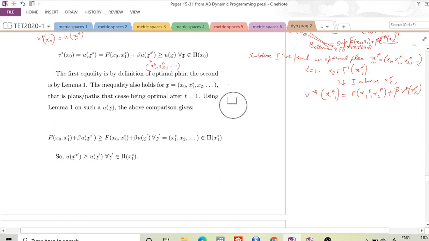Okay, so now for any feasible plan x tilde that I have, I can rewrite this u of x tilde using lemma 1 again.